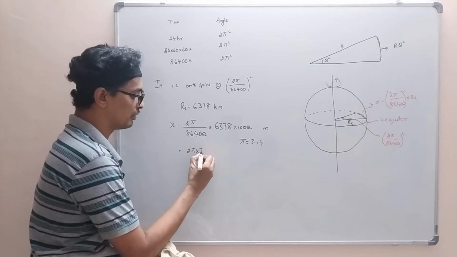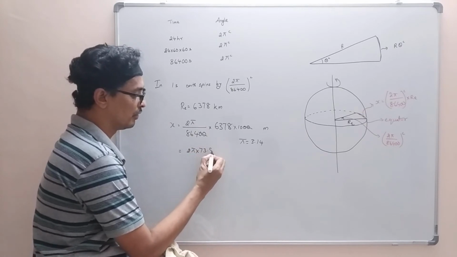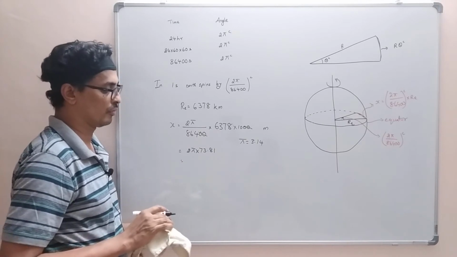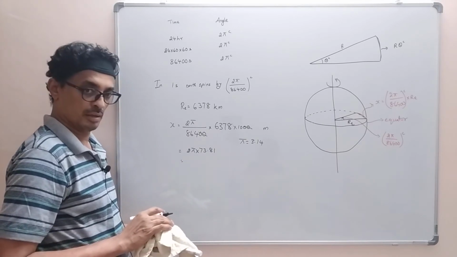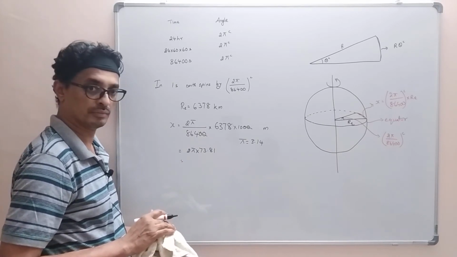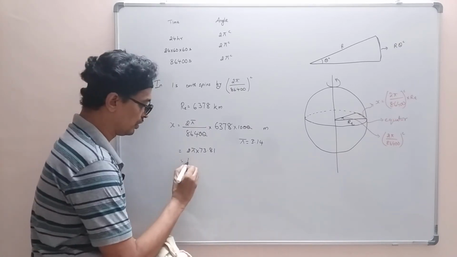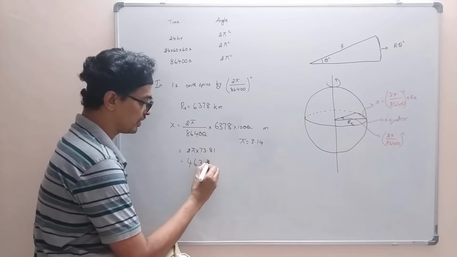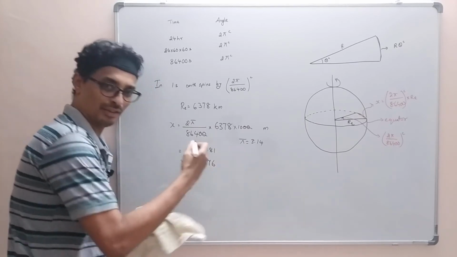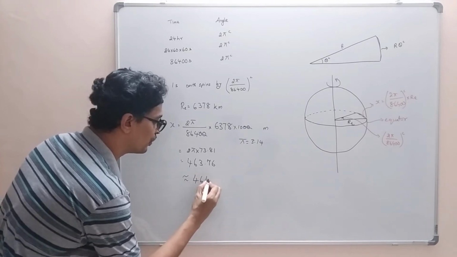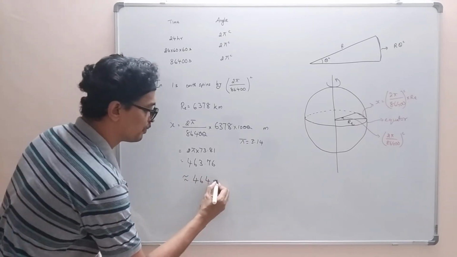Now how much is this? 463.76. Let us round it off, so it's approximately 464 meters.